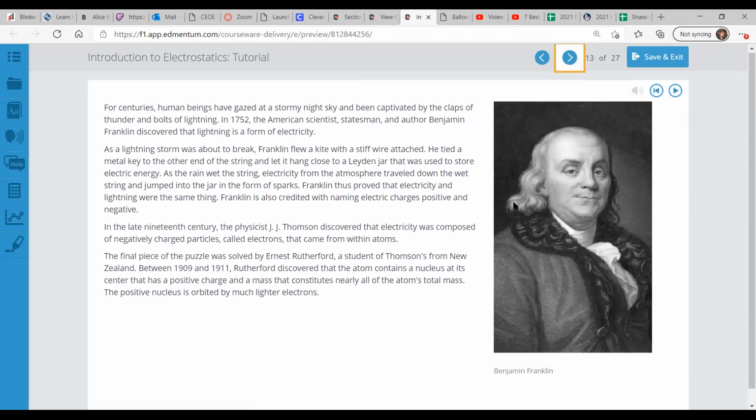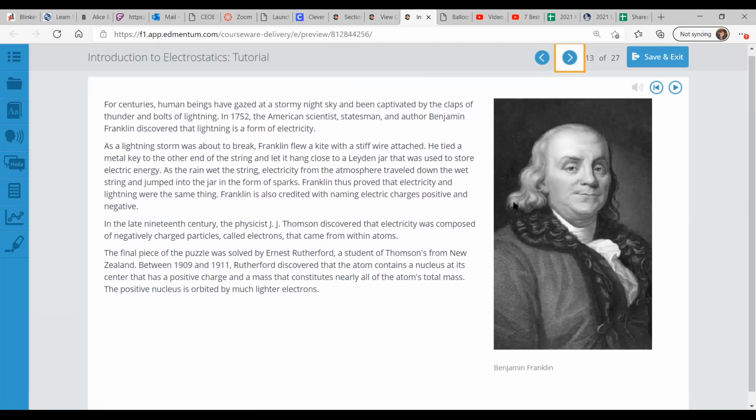Benjamin Franklin. For centuries, human beings have gazed at a stormy night sky and been captivated by the claps of thunder and bolts of lightning. In 1752, the American scientist, statesman, and author Ben Franklin discovered that lightning is a form of electricity.